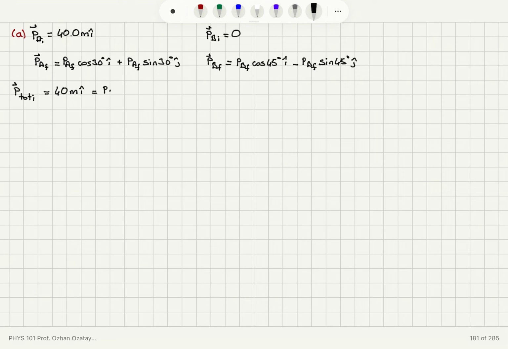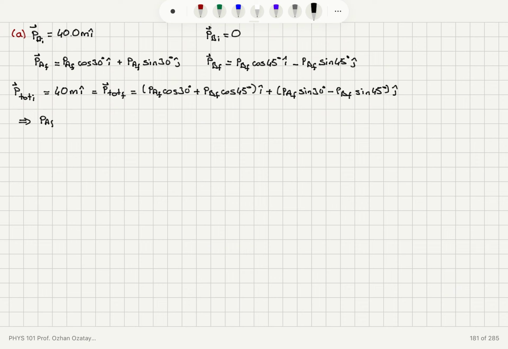And if I write the final linear momentum of the system, it is PA final cosine 30 plus PB final cosine 45 I-hat plus PA final sine 30 minus PB final sine 45 j-hat. So for the x component and y component, this gives me two equations.